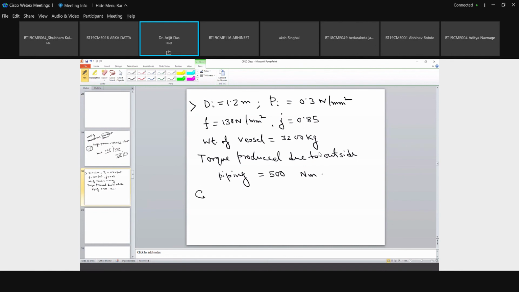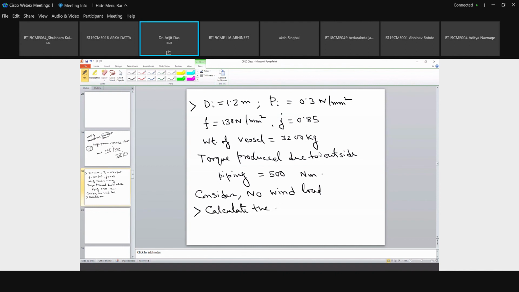Also here consider no wind load. The bending moment produced by the wind is 0. So no wind load. Now your task as a designer is to calculate the thickness of the pressure vessel.